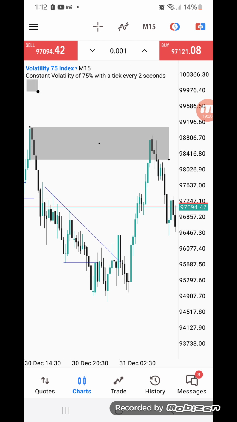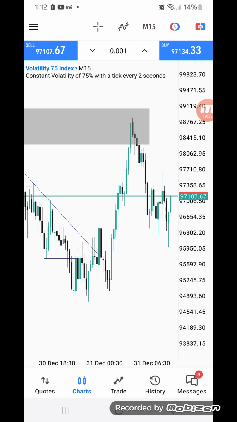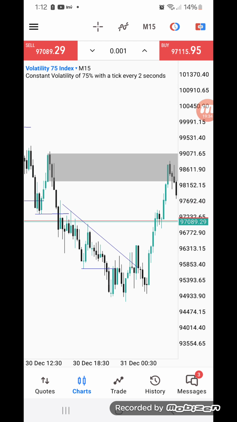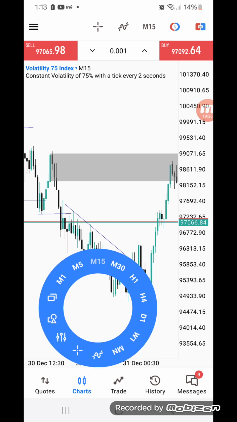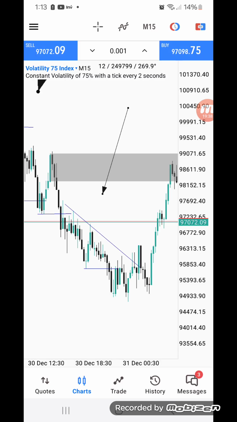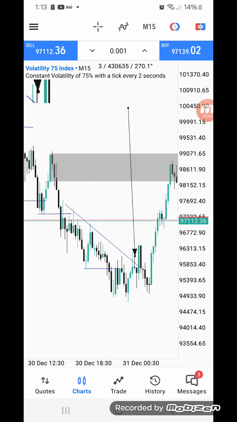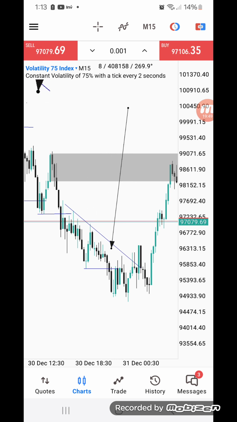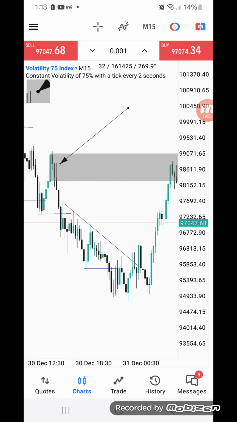This is where my entry was supposed to be, after the market took this trend line liquidity and all these imbalances over here, and then respected my 15-minute order block.